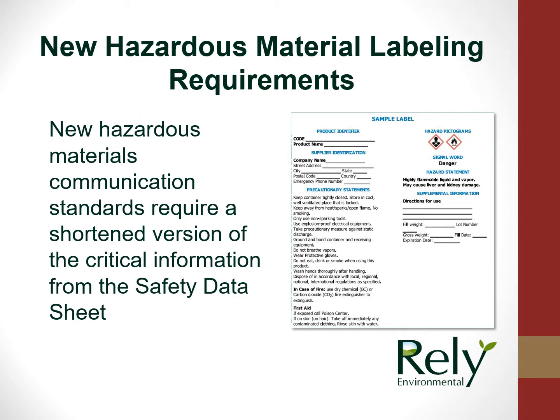To help workers locate important hazardous materials handling information, the new Hazardous Materials Communication Standards requires labels on each container that provides the critical information from the safety data sheets.